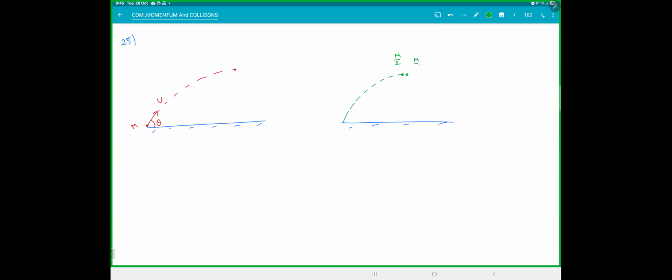And the other piece m by 2 flies ahead. So basically one piece m by 2 will retrace and come back to the same position. The other piece m by 2 will fly away. Then the question is find the position where the second particle lands.